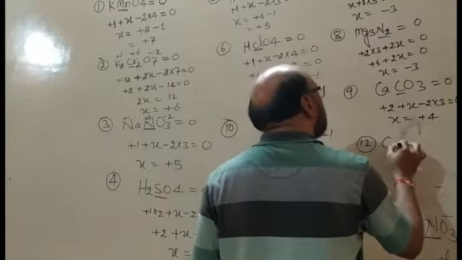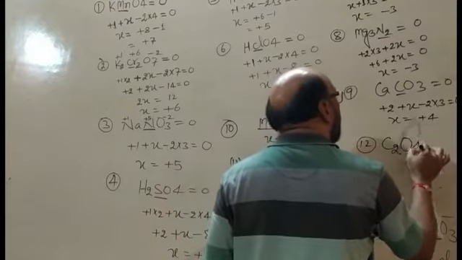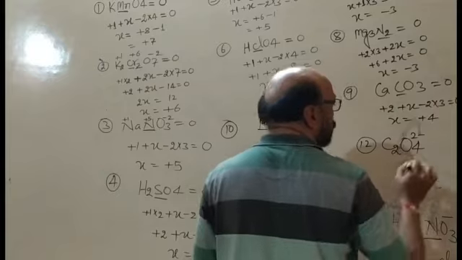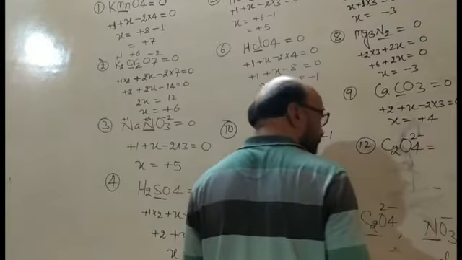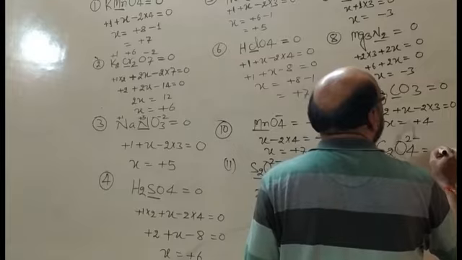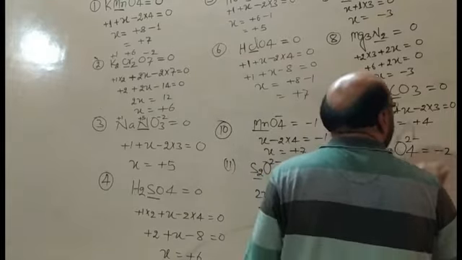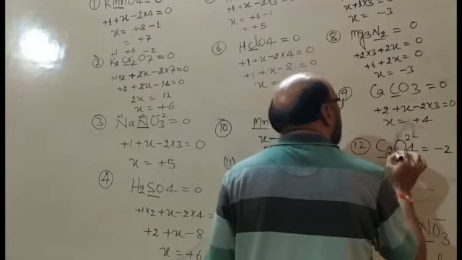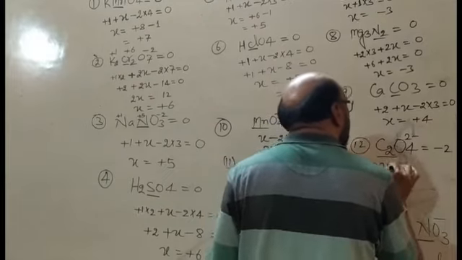The next ion is given, C2O4 2 minus. It is called oxalate ion. And it has charge minus 2. We have to calculate the oxidation state of carbon.